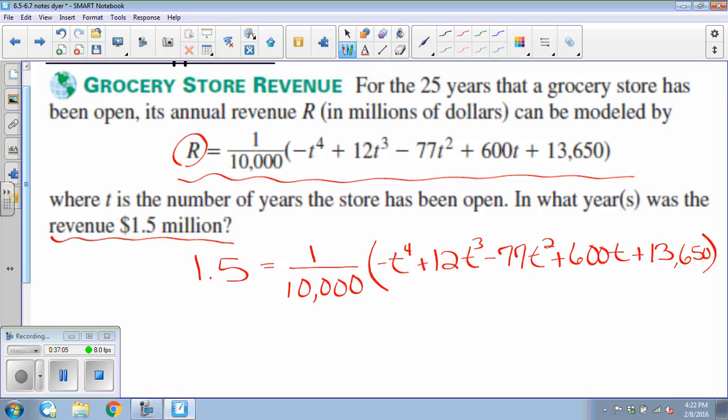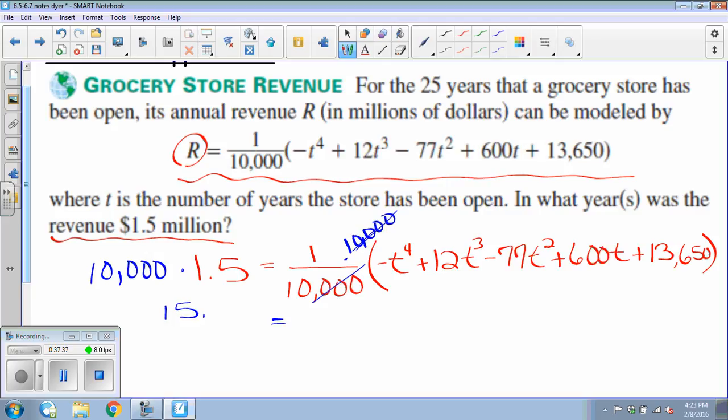Now, I need to set it equal to 0, just like we did in the other real world application, and then we're going to have to solve for t. And so, before I can solve for t, I need to get rid of this 10,000. And so, if I multiply this by 10,000, that will cancel that out. So, I also have to multiply the other side by 10,000. Now, 10,000 times 1.5 is 15,000.